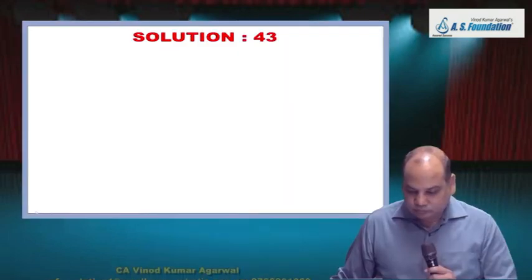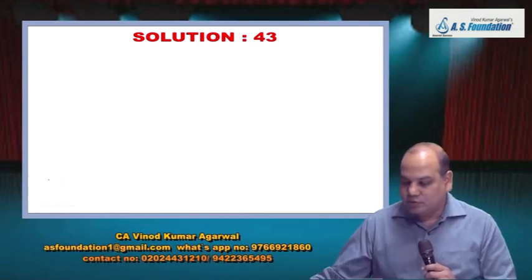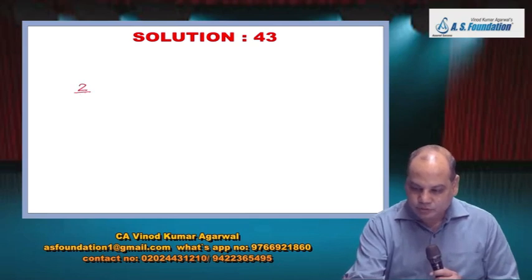The acquisition was financed as follows. Alpha issued 2 new shares to the former shareholders of Gamma for every 3 shares Alpha acquired in Gamma. What is the share exchange ratio? 2 shares for every 3 shares. So 2 shares for every 3 shares means how many shares were issued? 2 by 3.